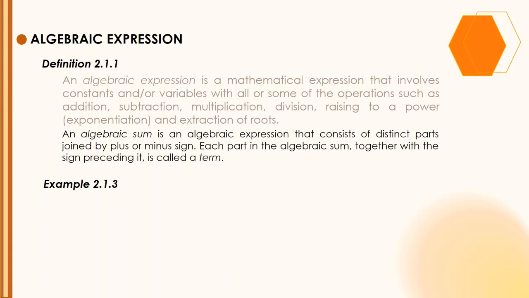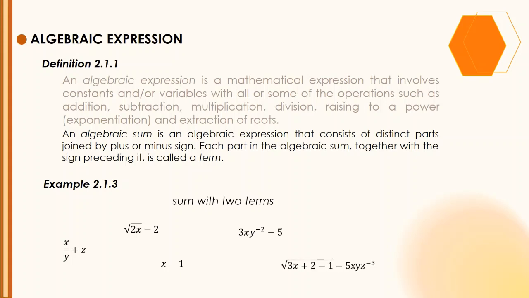So, for an algebraic sum with two terms is x over y plus z. So, ang first term is x over y, plus ang second term is z. Square root of 2x minus 2. So, dalawang terms. x minus 1. 3xy to the power of negative 2 minus 5.